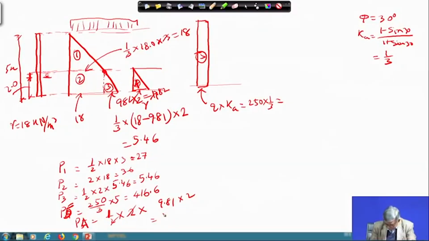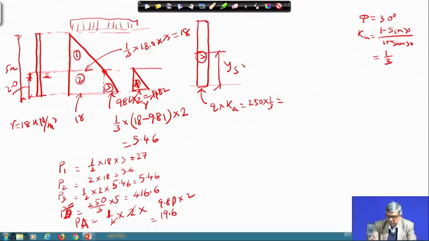This gives you 19.6. So, 9.80 suppose I have taken. These are the values you have got.